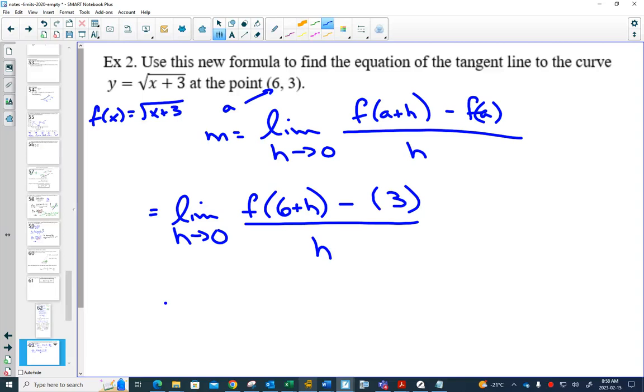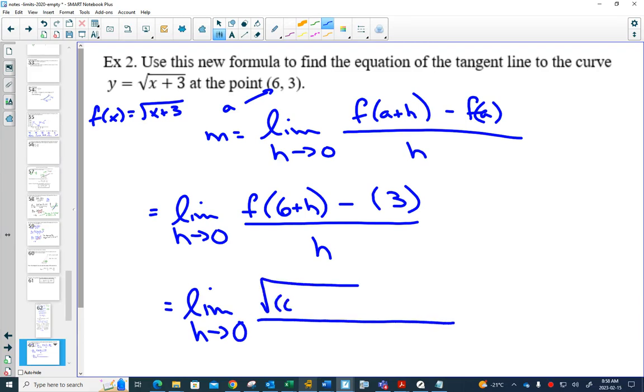It would be square root, where the x is, you now would have 6 plus h plus 3 minus 3 over h. And we have a problem because we're dividing by 0.